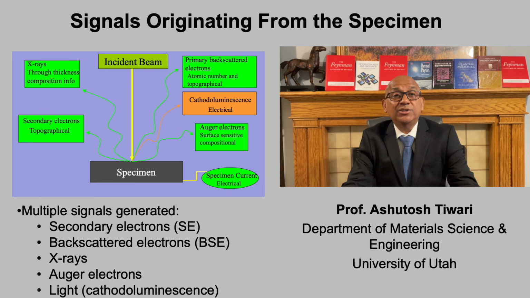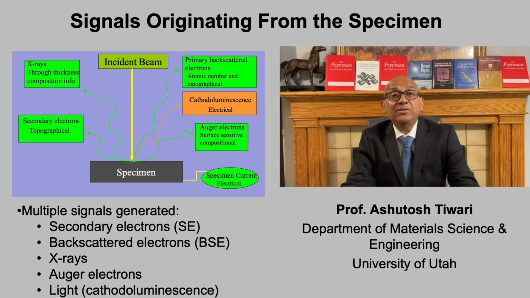These interactions generate a wide variety of signals. Among the most important are secondary electrons, backscattered electrons, characteristic X-rays, Auger electrons, and even light emission, known as cathodoluminescence. Each of these signals originates from a different depth and physical process within the material, and each carries different information about surface topography, composition, crystallography, or electronic structure.